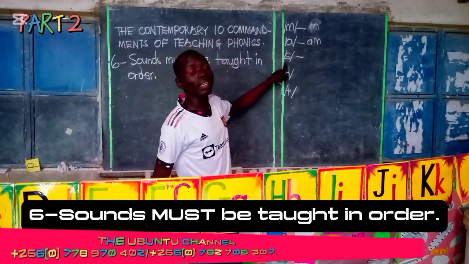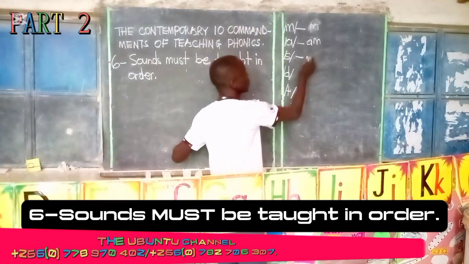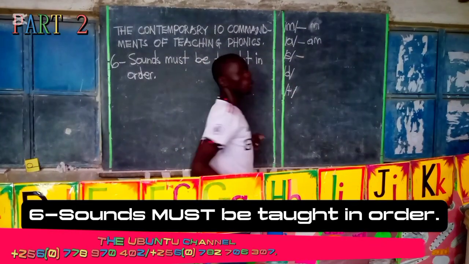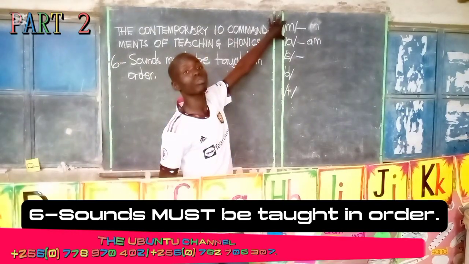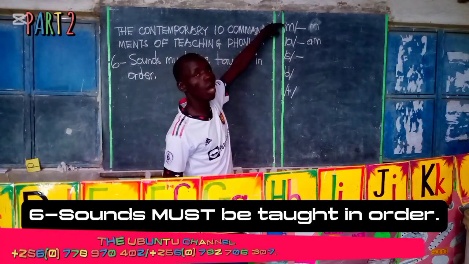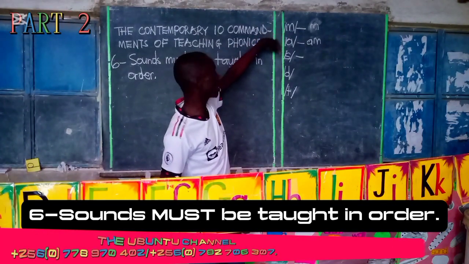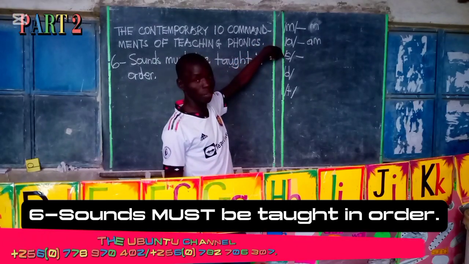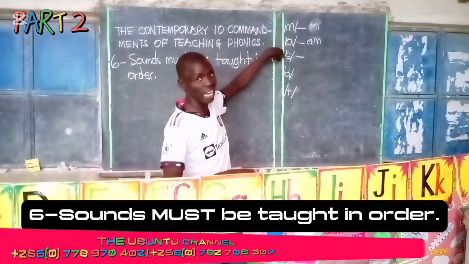Now you are in this one. From the sounds learned, the child will be able to bring those sounds learned and form a word with the sound which is being learned at that time.